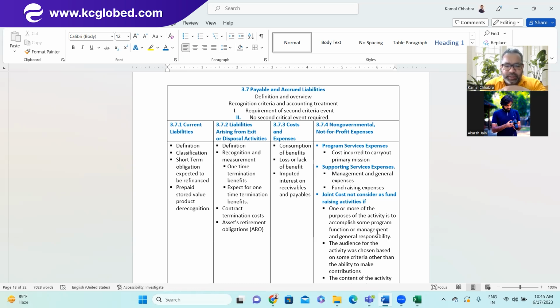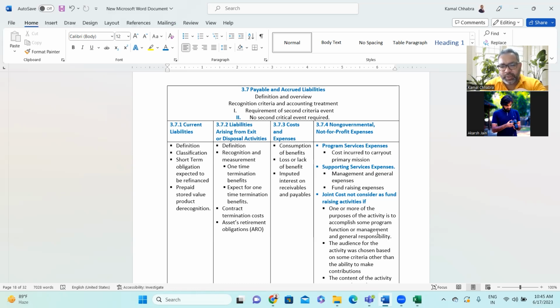In the financial statement, you have seen that payables and accrued liability are generally split into current and non-current. So we'll be understanding the classification part also, what will go into the current and what will go into the non-current. Then we'll understand in detail what is current liability, the definitions of what is included or considered as a current liability.